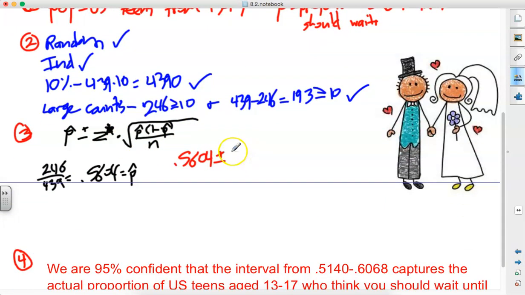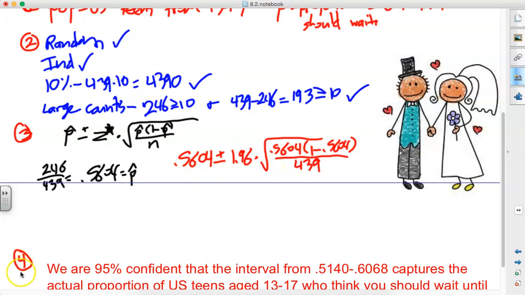Then we multiply it by this whole formula: p-hat, 0.5604, times 1 minus 0.5604, divided by n, the total number in our sample, which was 439.